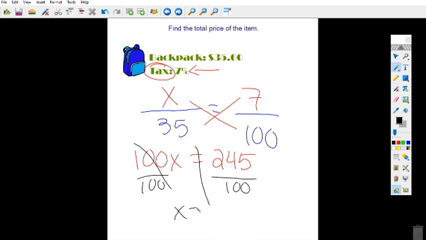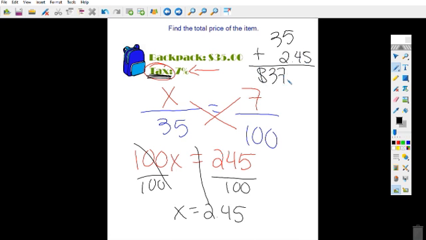You get x equals 2.45. Remember, since that is tax, we should take 35 plus $2.45, and you should get your final answer. Your final price is $37.45.